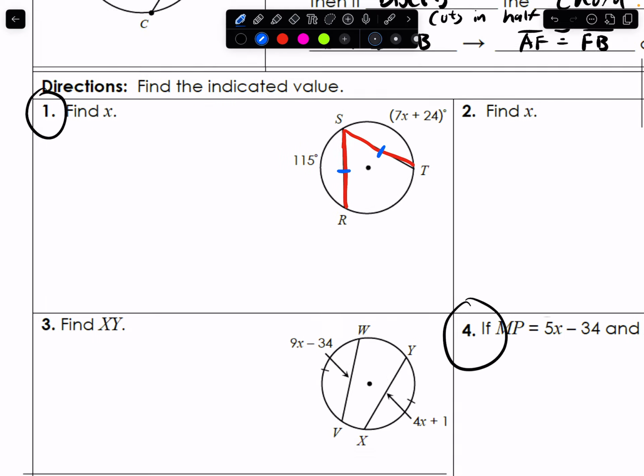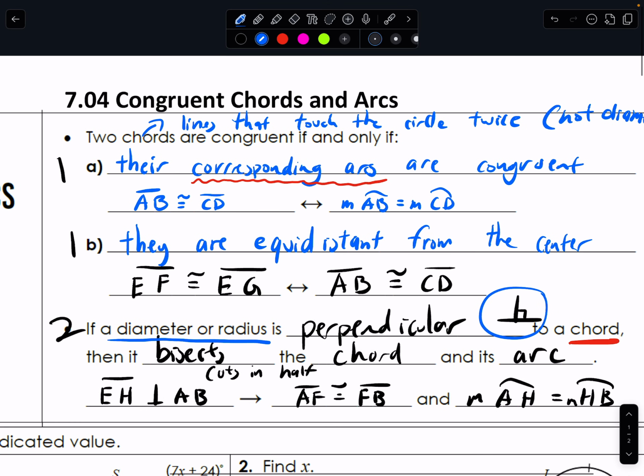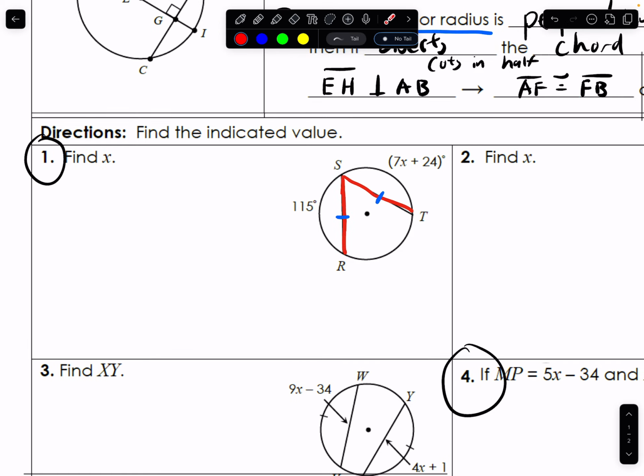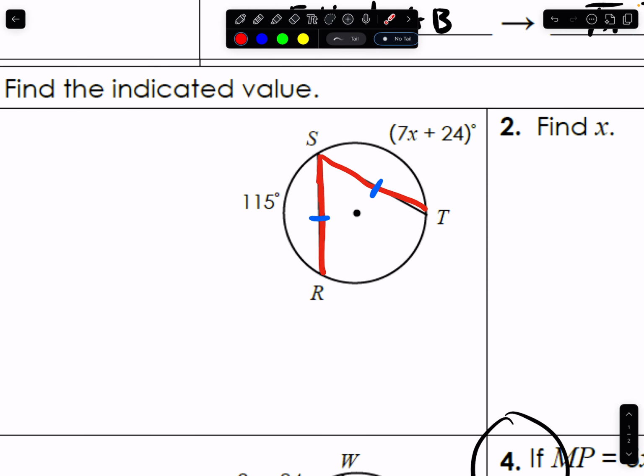If we go back to our 1A condition, if two chords are congruent, then their corresponding arcs are also congruent. So since these two chords are congruent, their arcs made from the chords are equal, two different colors.